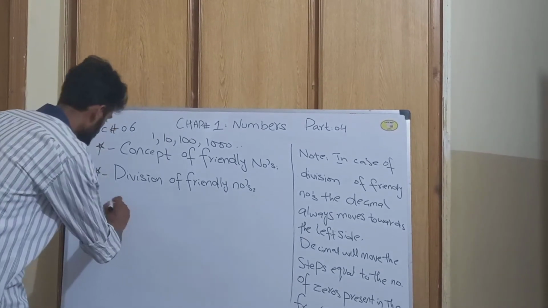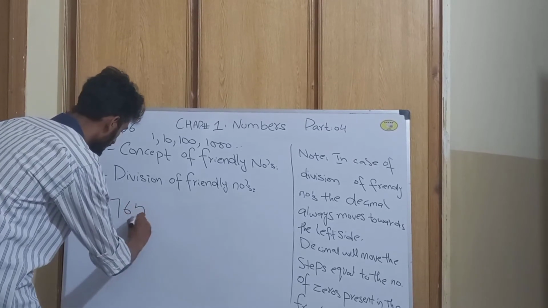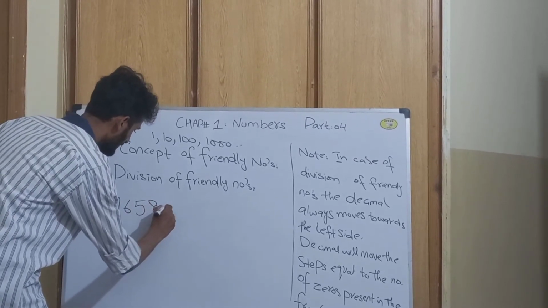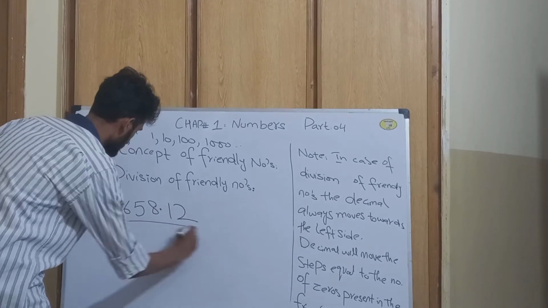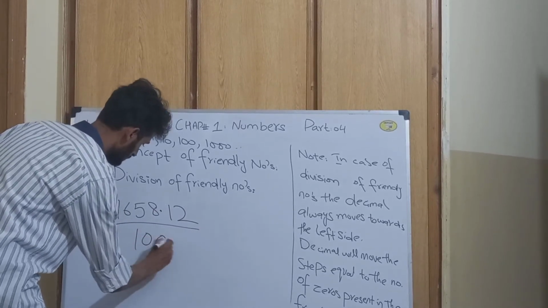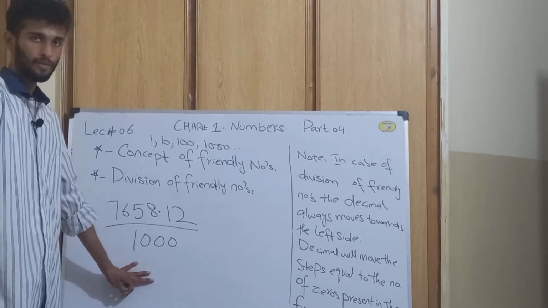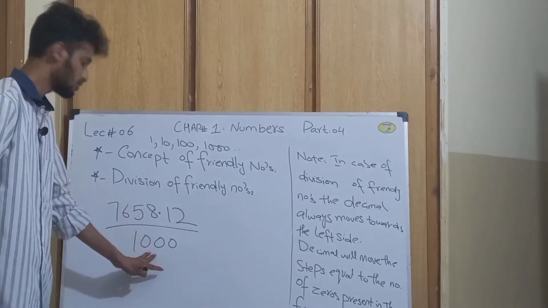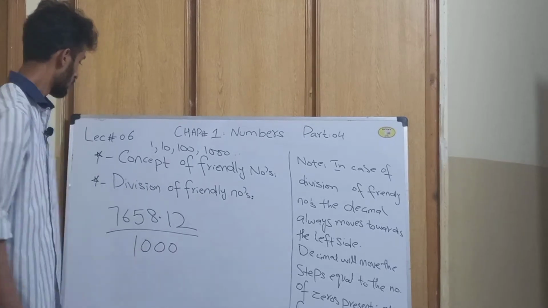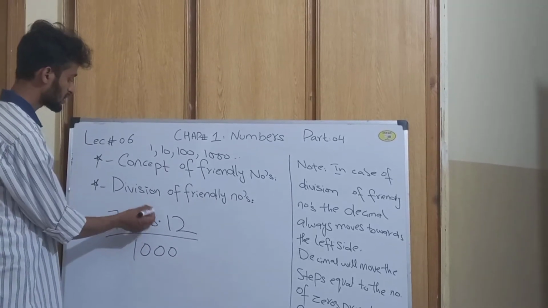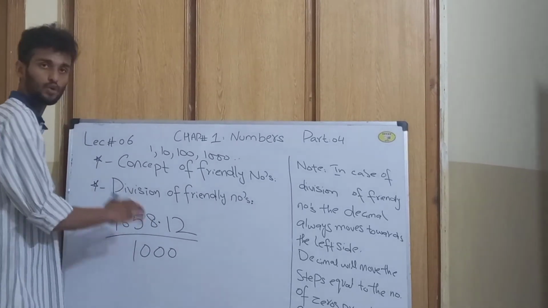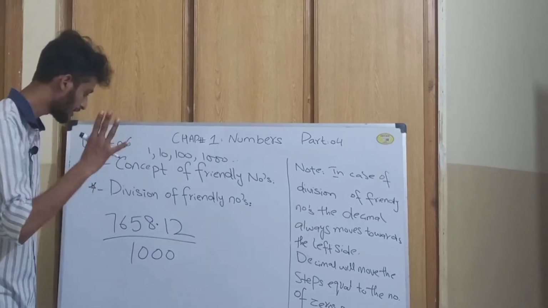Let's consider some. We have a number 7658.12 divided by 1000. So in this friendly number 3 zeros are present. So the number of steps that the decimal will move towards the left side will be 3.